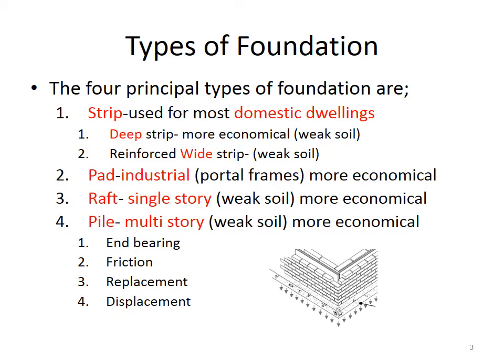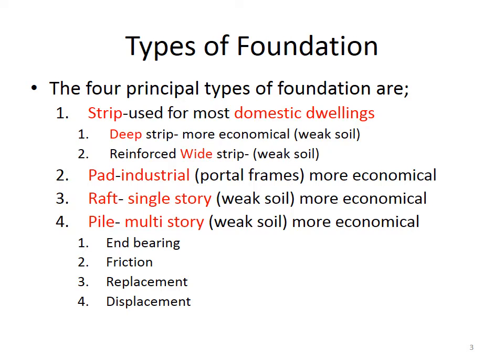So this might be a cheaper method. Largely the choice of foundation is dictated by cost and suitability, of course. There are lots of different types of foundations that can be used for a particular situation, and that's why we usually go with whichever is the cheapest or most economical.